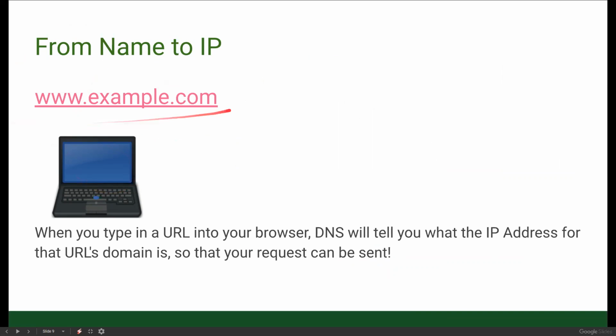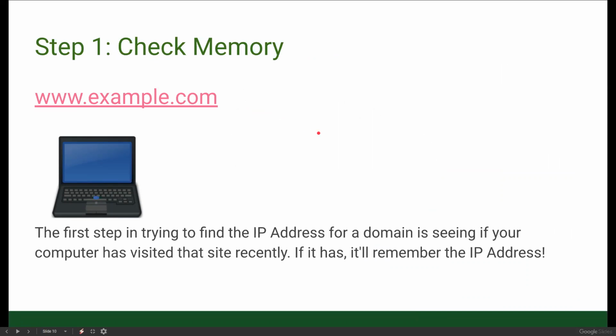So when you type that URL into your browser, this system, the domain name system, is going to tell you what the IP address for that URL's domain is so that your request can be sent. And the very first thing it's going to check is, do we already know this IP address? So if our computer has recently visited a site, or if we visit it frequently, our computer is probably going to remember the IP address.